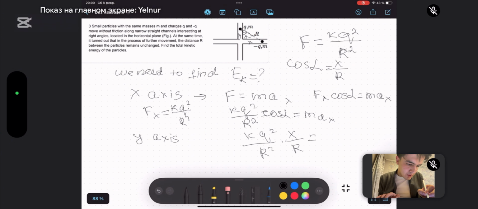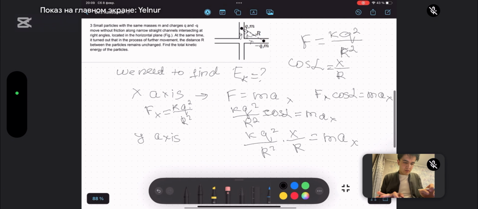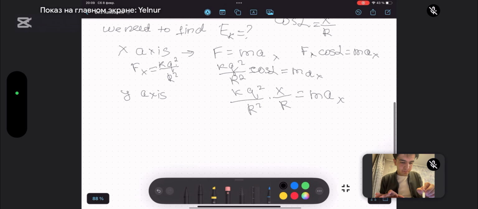We get kq square over r square multiplied by x over r equals ma on the x-axis. From this equation, when we solve for a, we obtain the final expression for the acceleration.